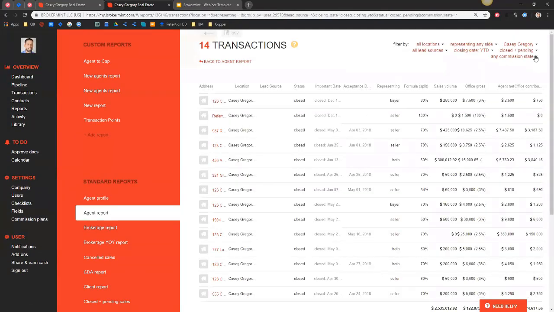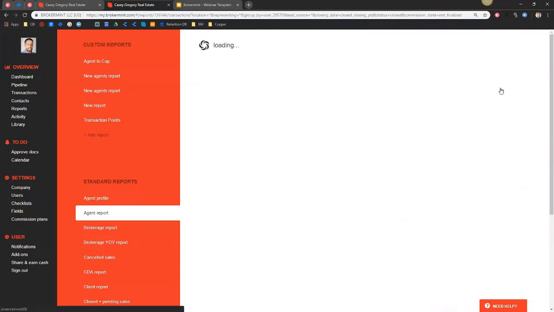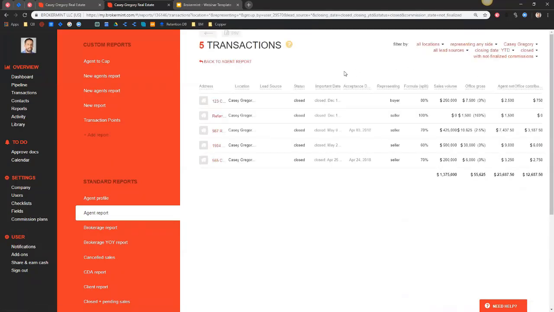On this filter, we can filter by not finalized and finalized commissions. If I look at just closed transactions and find any transactions without finalized commissions, that means someone went into the commissions after the transaction was closed and made some type of change or save. Any of these values on not finalized commissions are not counting towards your agent's sliding scale cap.